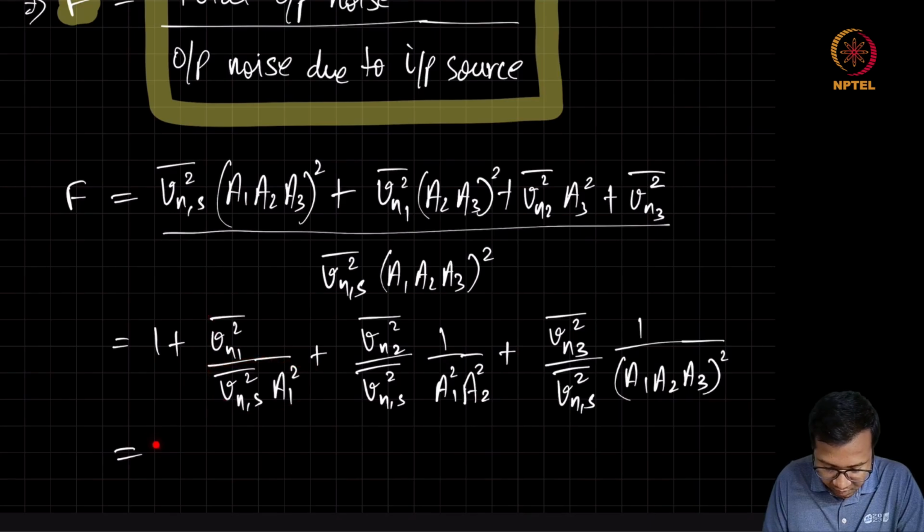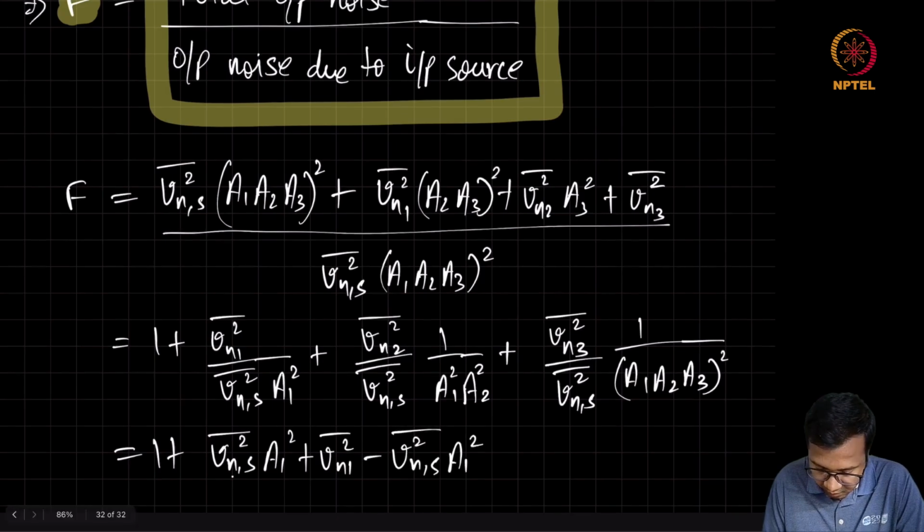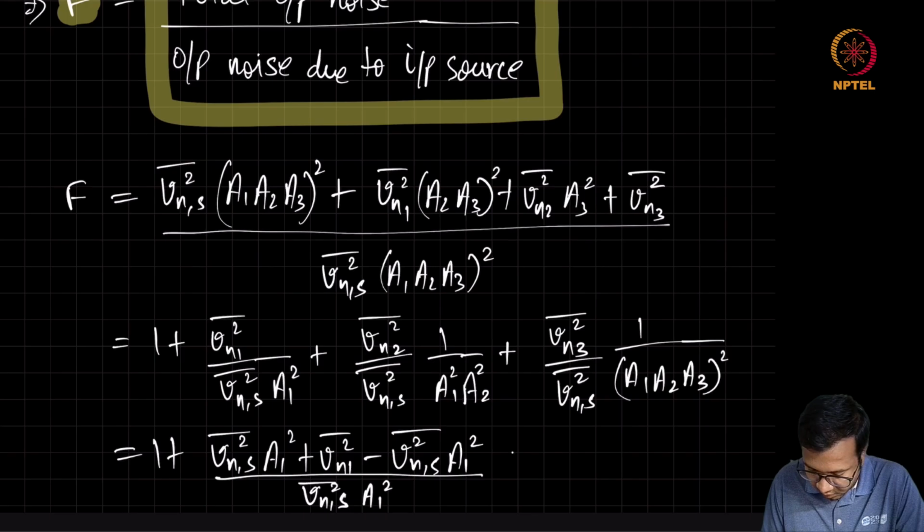So rewrite it as 1 plus Vns square A1 square plus Vn1 square minus Vns A1 square, divided by terms.